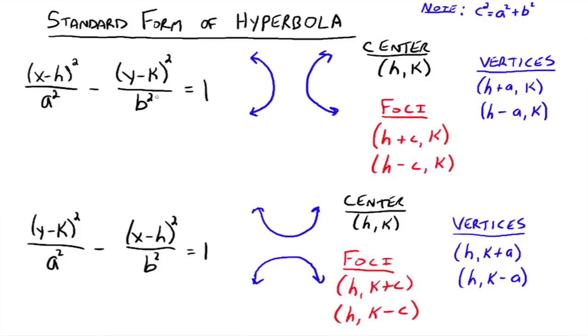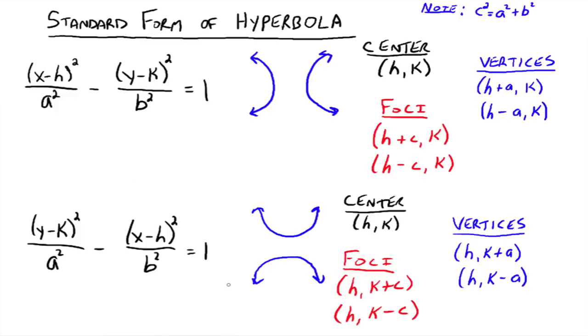For this first one here, you have x squared minus y squared equals 1, so you have a horizontal transverse axis. And for y squared minus x squared, you have a vertical transverse axis. In both forms, the center is h comma k. Remember, h goes with the x's, k's go with the y's in both scenarios. So just be careful.